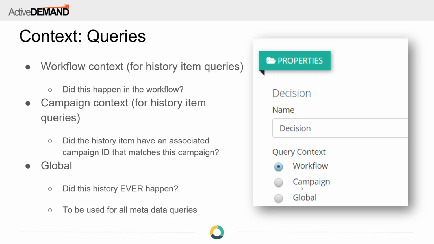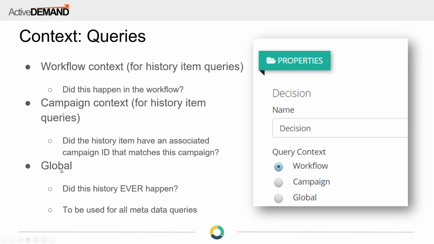If they click the Google ad, which has the campaign context, and then they fill out the form, even though they filled out the form not as a result of sending an email, they did it as a result of, again, campaign context. We can use this context that really says, do we have a campaign history item, a campaign associated with a specific history item that we're querying?